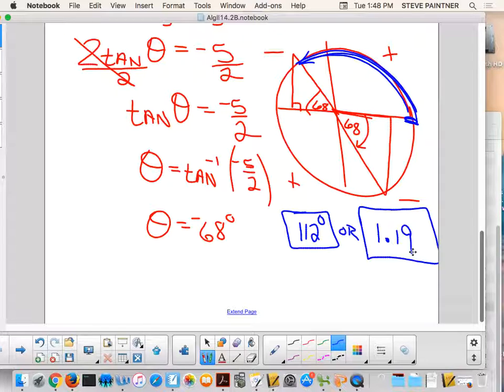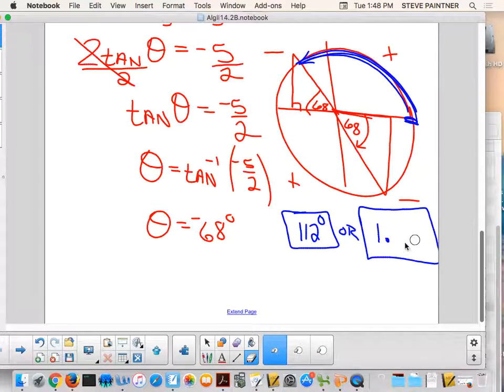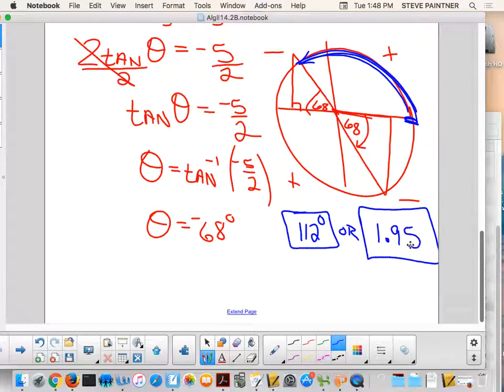That's what she has in her calculator, 112 pi over 180. Right, I get that, but what does it say in your calculator? Anna has 1.95. That's what Anna has, and I think that is right.